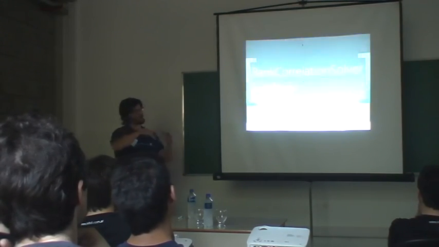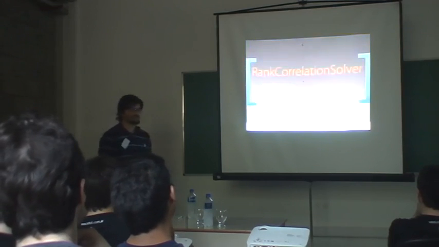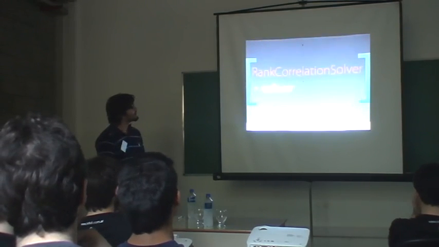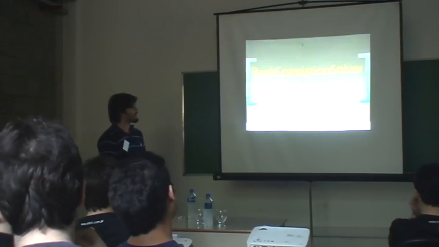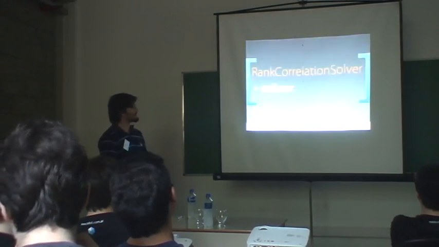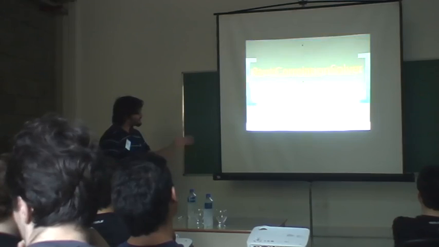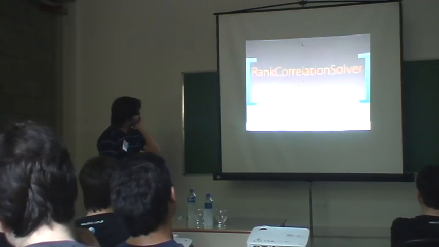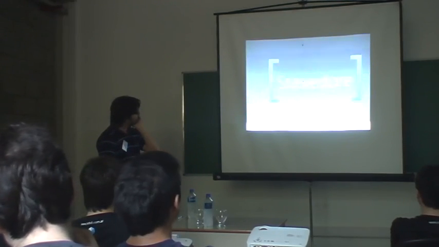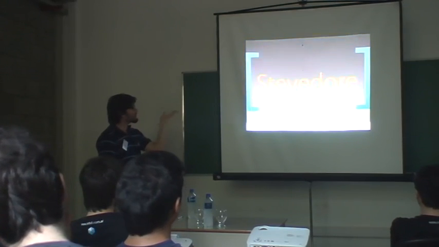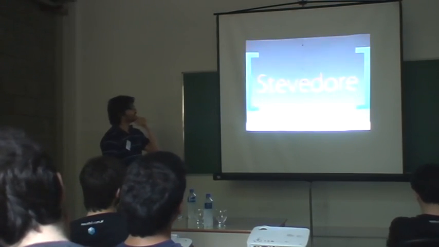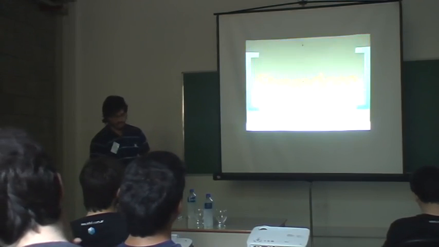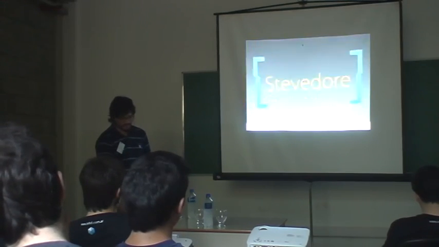This is another level of correlation that we have in our system, and we would like to improve this approach. And the STIDOR is the algorithm for solving the box problem.